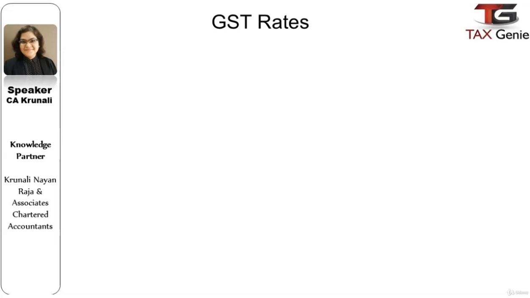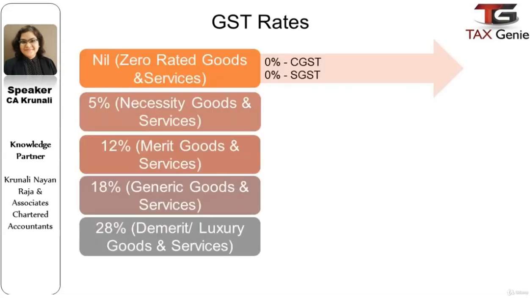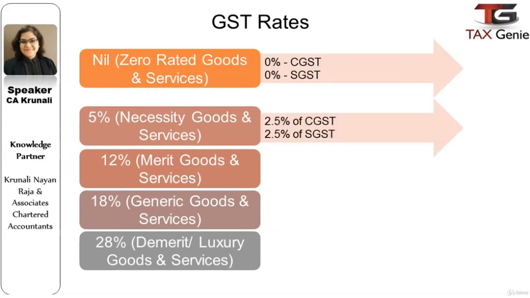We now discuss the rates of GST. So GST rates can be broadly categorized into 5 baskets. The first one being the nil or the zero rated goods and services. Next is the 5% rate on necessity goods and services.